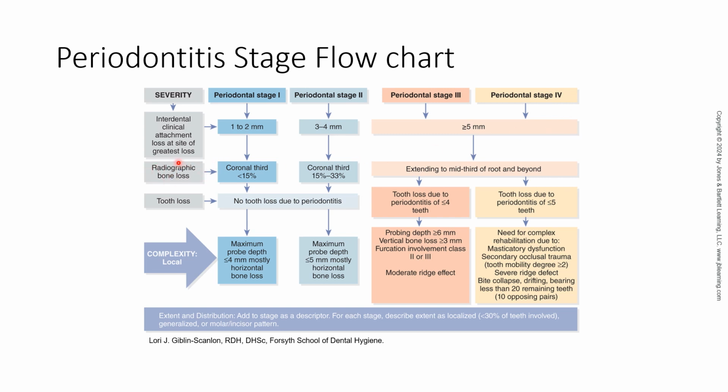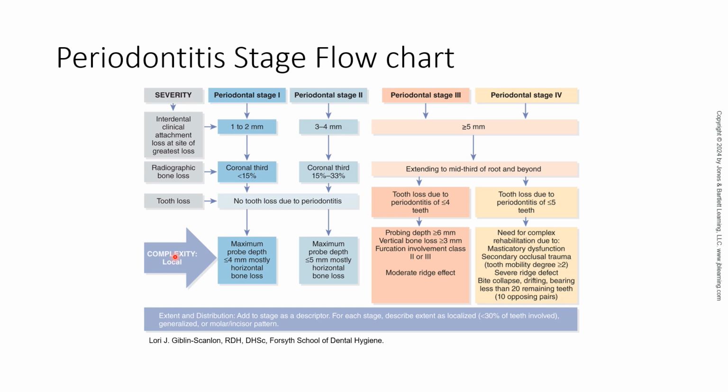Your radiographic bone loss, is it at the coronal third, or middle third and beyond? Tooth loss, is there any: no tooth loss, 4 teeth or less, or 5 plus?